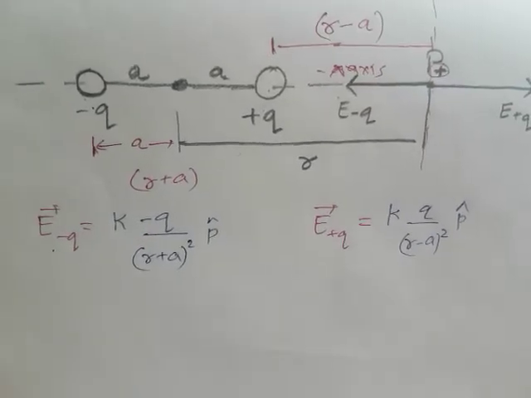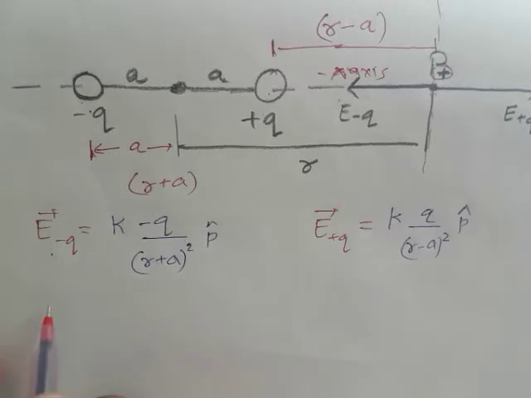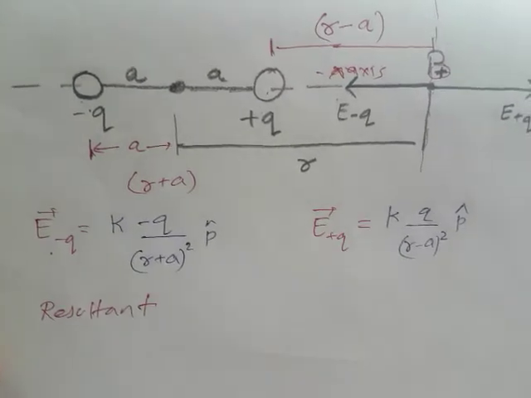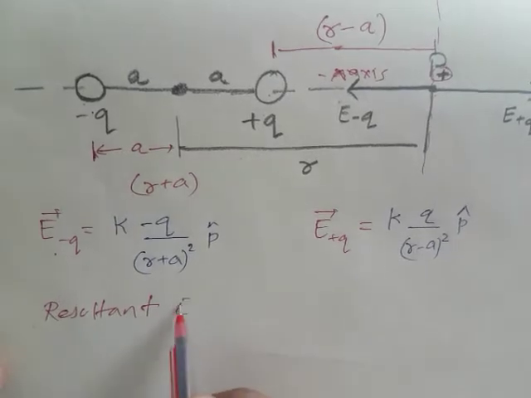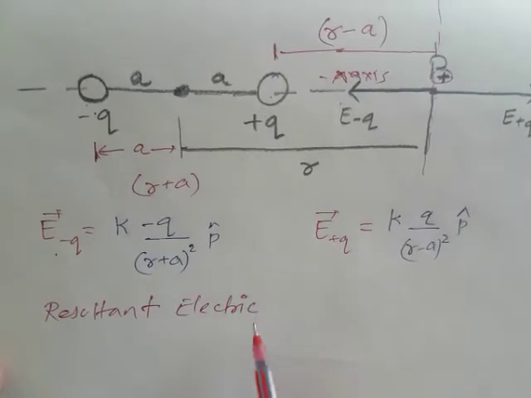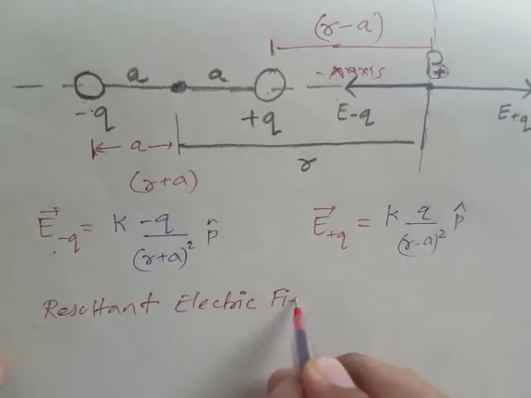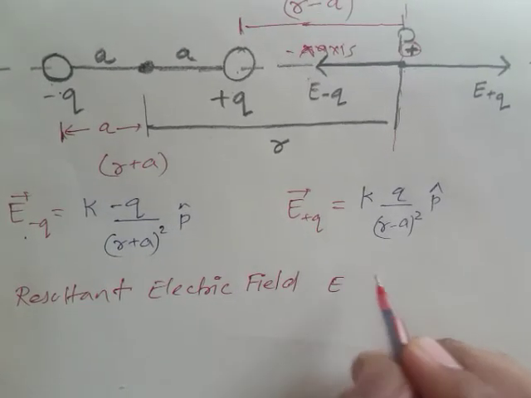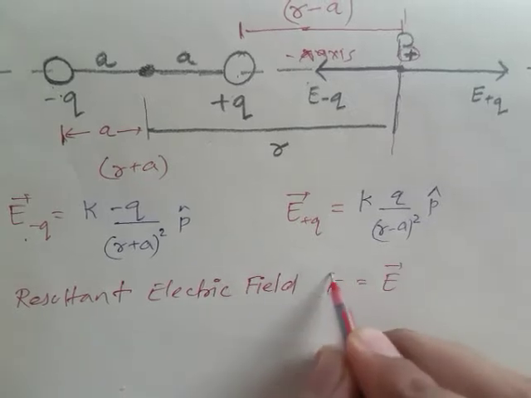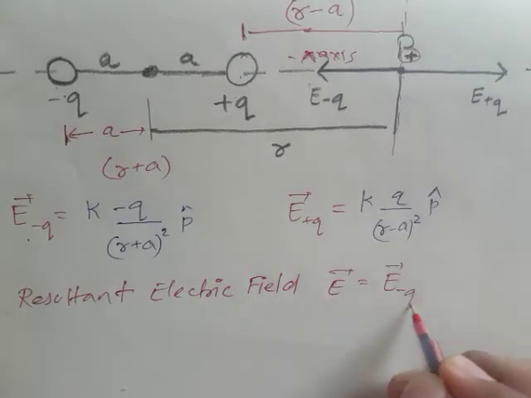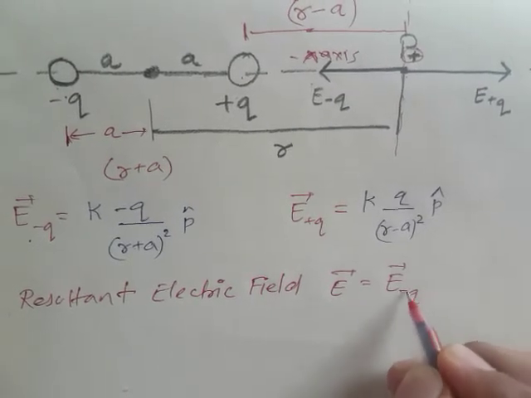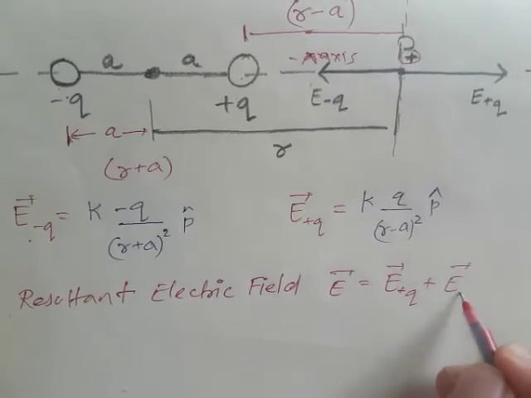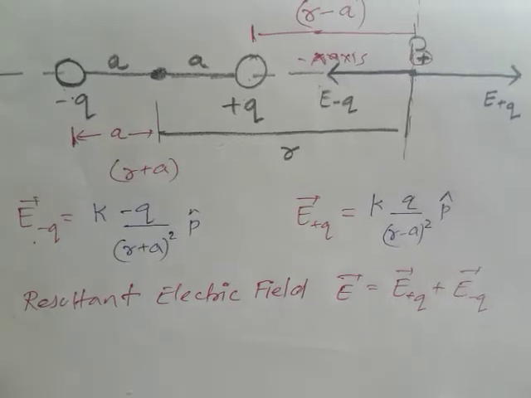Now we need to find the resultant electric field. That means E equals, we need to find the total of these charges. If we put the values, just calculate it.